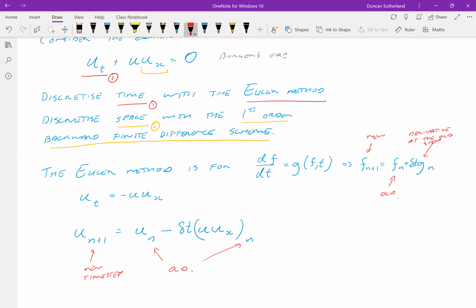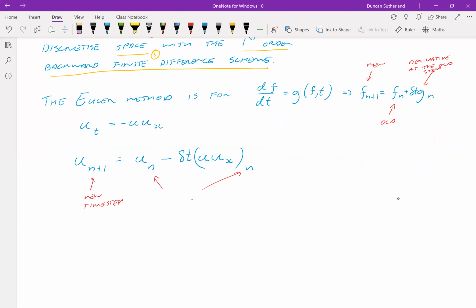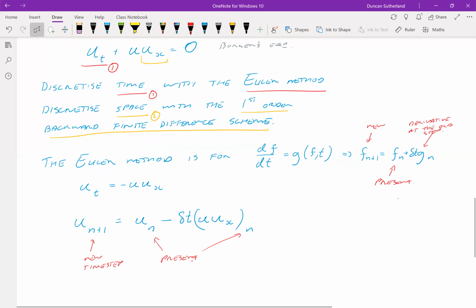Or present, actually, maybe present's a better way than saying old, because it's where we are now, where we're trying to get to. Okay, so once we've done that, we've actually done the first bit of the question. We've discretized time with the Euler method. We've now got a time-stepping equation.